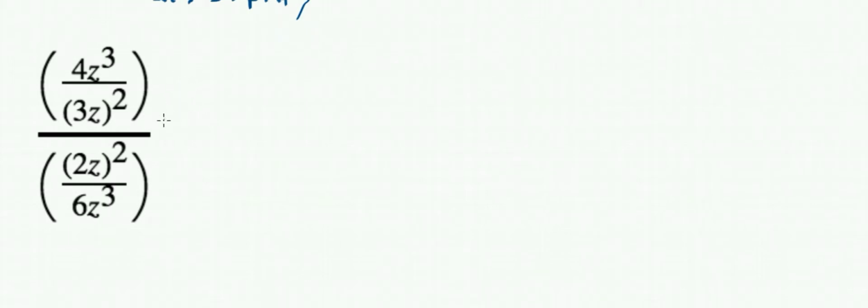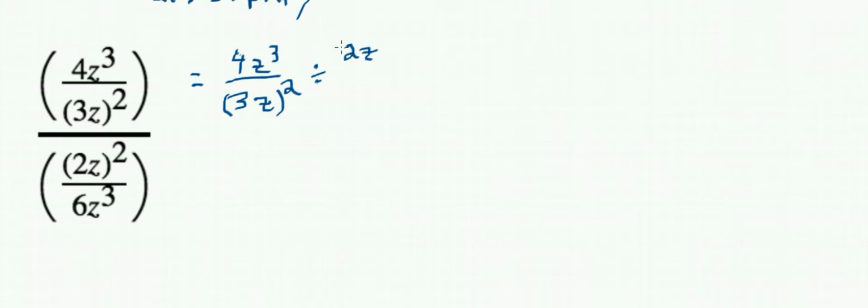Okay, so I can say that this complex fraction is the same thing as if I were to rewrite the numerator 4z cubed over 3z quantity, in parentheses, squared, divided by, and I'm going to use this symbol instead of that fraction bar, which is equivalent, 2z quantity in parentheses squared divided by 6z cubed.